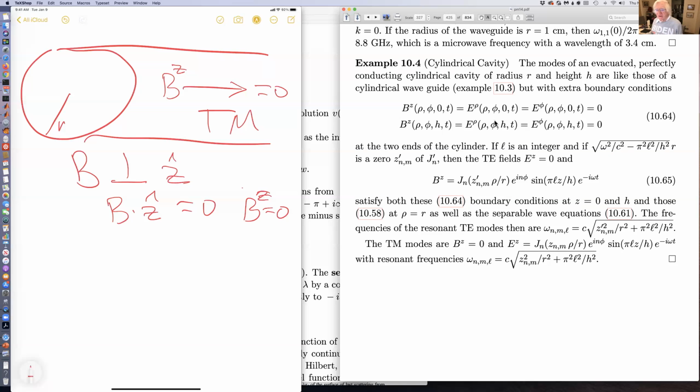And then we get extra boundary conditions. So now we have a cylinder like this.